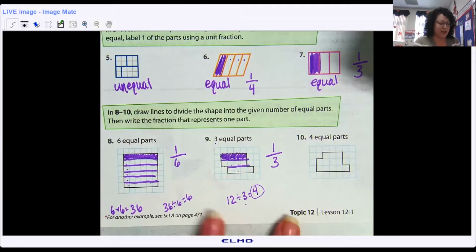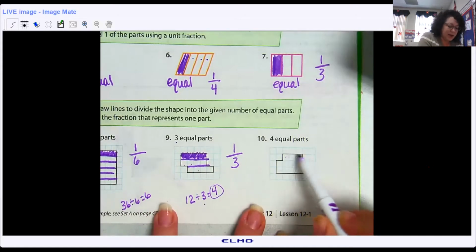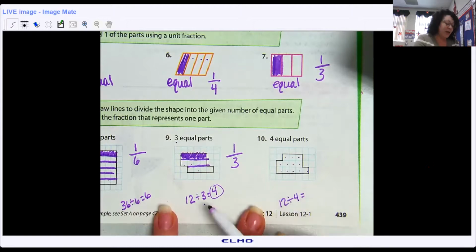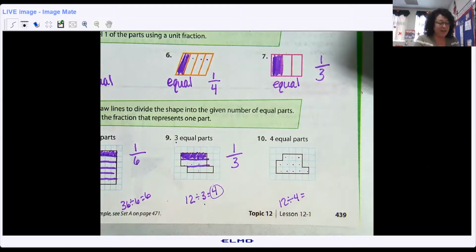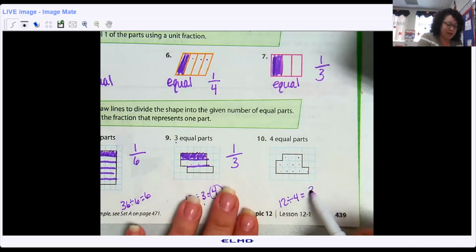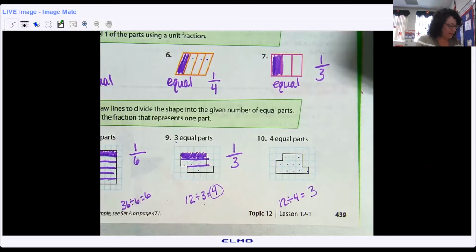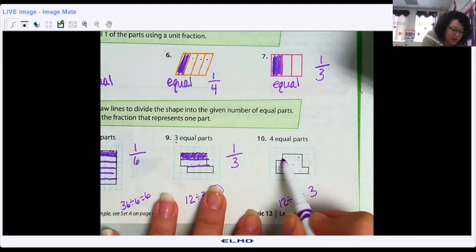This is another goofy shape, isn't it? 1, 2, 3, 4, 5, 6, 7, 8, 9, 10, 11, 12. Now we want 4 equal parts, and we should be able to easily figure that out from our fact family from the previous problem. Each one's going to have 3 pieces. That's kind of different. All right, so there's 3 there.